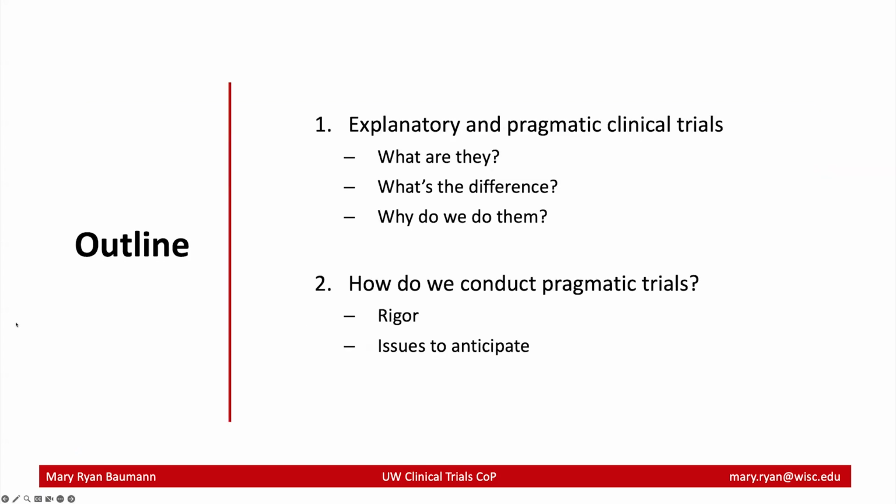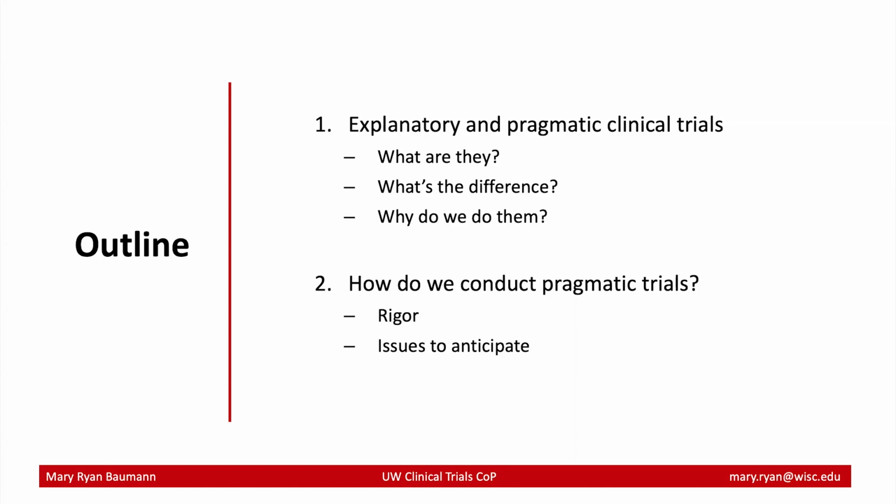Yeah, so just a brief outline. First, I'll talk about explanatory and pragmatic clinical trials, what they are, what the difference between them is, and why we end up doing them. And then I'll transition into how we actually conduct pragmatic trials with a focus on rigor and then some issues that you might want to anticipate in planning your pragmatic trial.